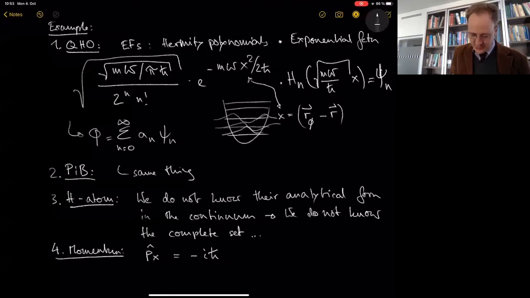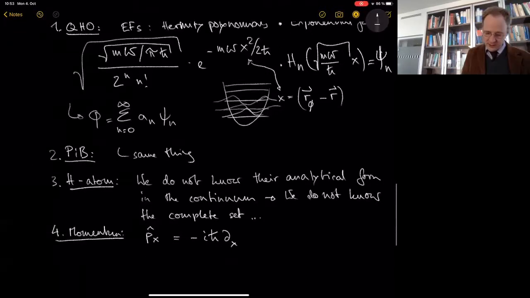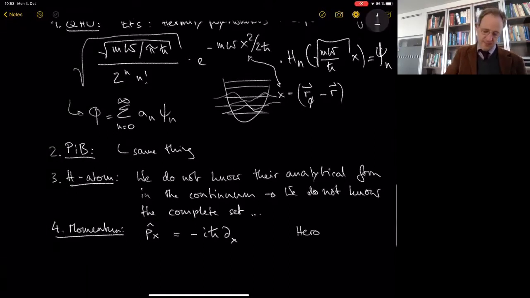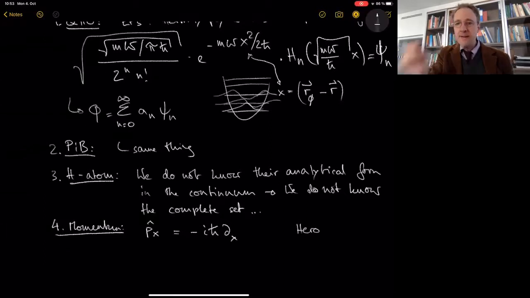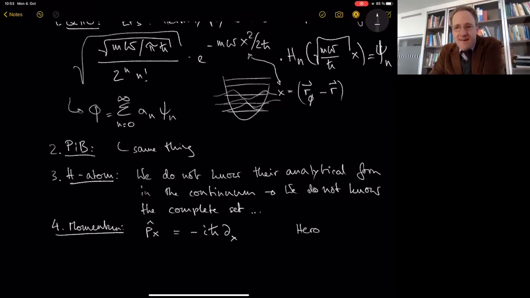It's minus i h bar differential operator, right? Okay, that's our hero. Now, does anybody know what we call that series expansion in the eigenfunctions of the momentum operator? Nobody knows? Okay.